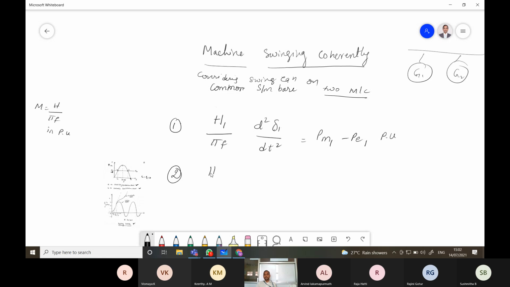Similarly, H2 by pi f into d square delta 2 by dt square is equal to Pm2 minus Pe2, also in per unit. This is equation number 1 and this is equation number 2.